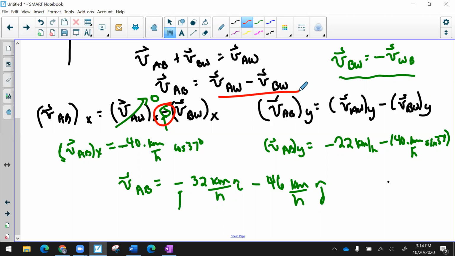It's VAW minus VBW. So even though the X component of VBW is positive, there's a minus sign in front of it, so it becomes negative. I don't know how else to make it any more clear, but that's where that comes from.